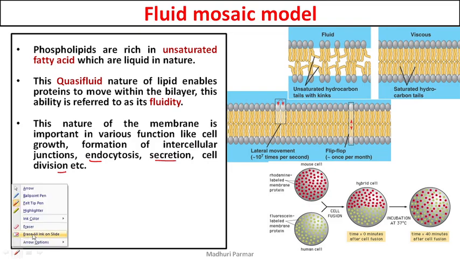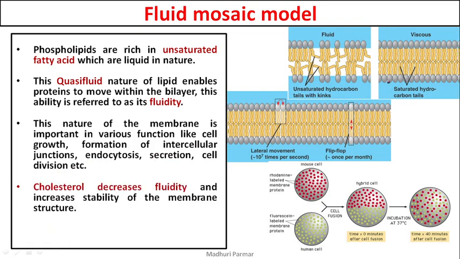Now, in this cell membrane, apart from phospholipid, there is also presence of cholesterol. Wherever cholesterol is present, it decreases the fluidity. Think of these spaces. Because there is a kink, a bend, there will be space here.